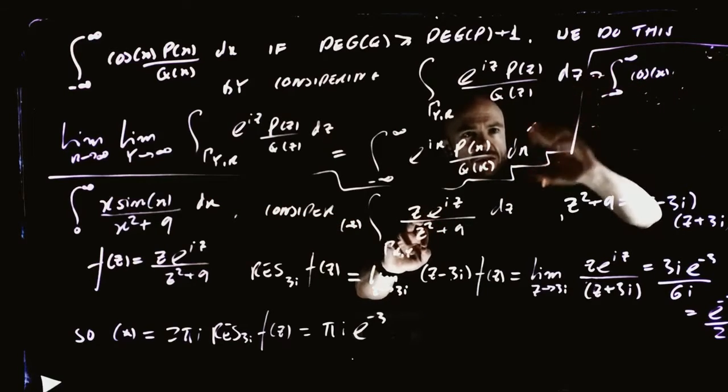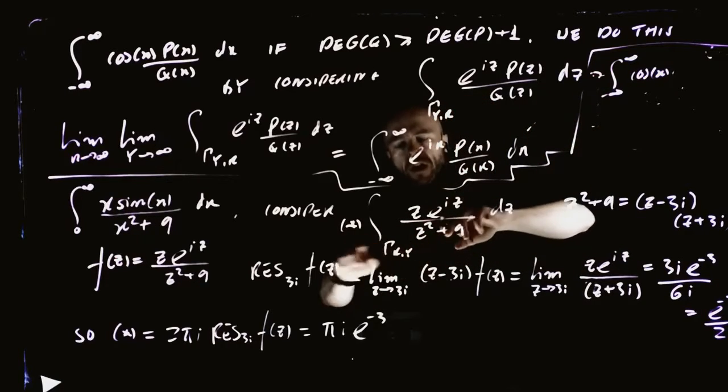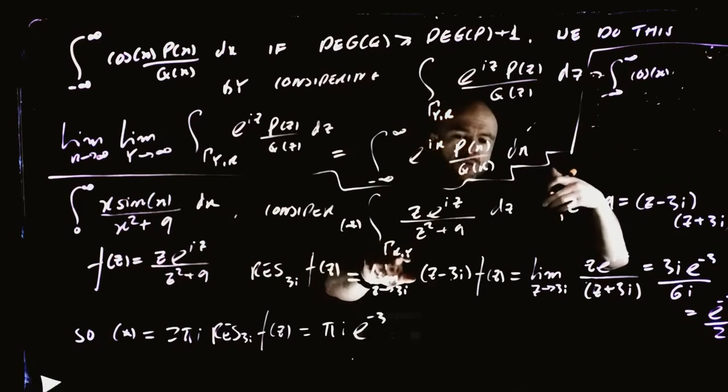Let's write this thing here, but let's write it as the integral from minus infinity to infinity on the real line, which is what happens when we take the limit as r and y go to infinity.